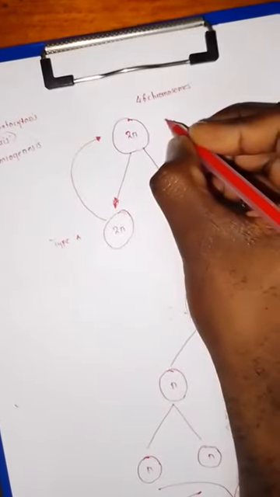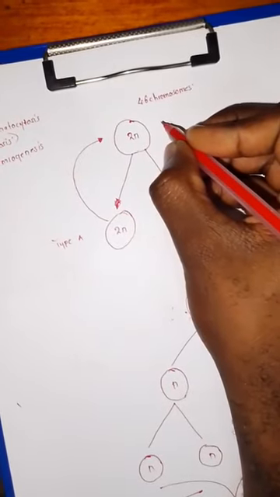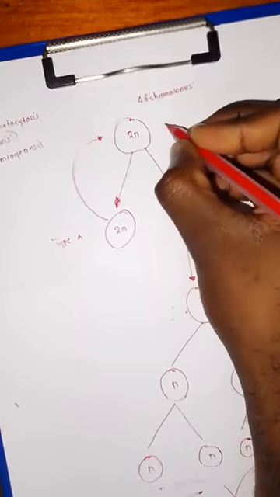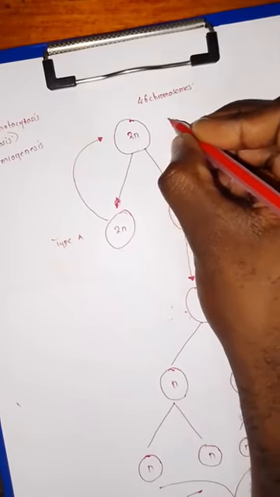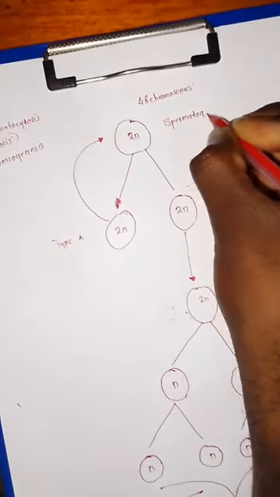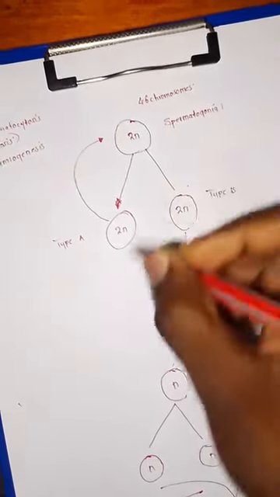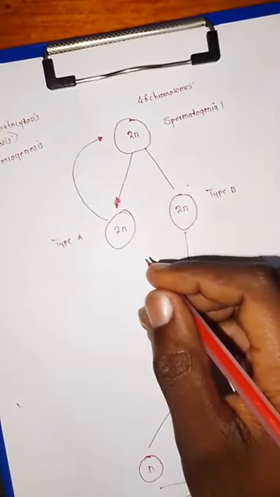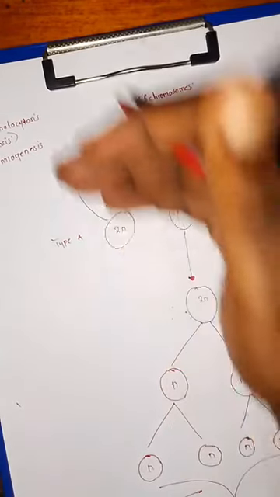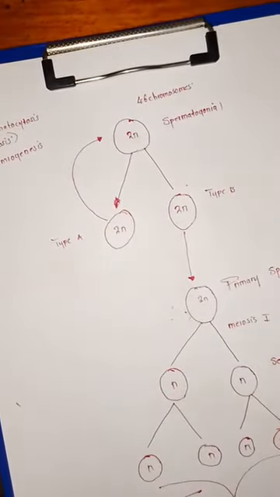This cell here is known as the oogonia cell, or rather the spermatogonia. So this spermatogonia, basically, is going to be converted into a primary oocyte in this whole process as we go down.